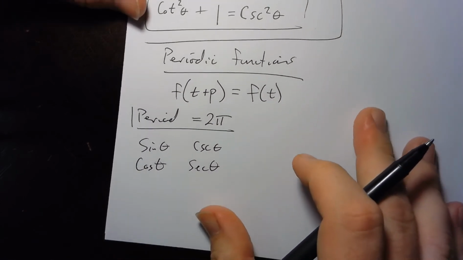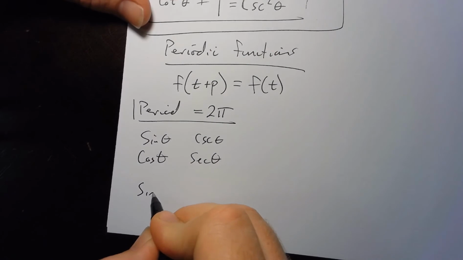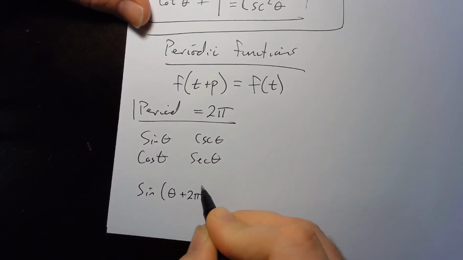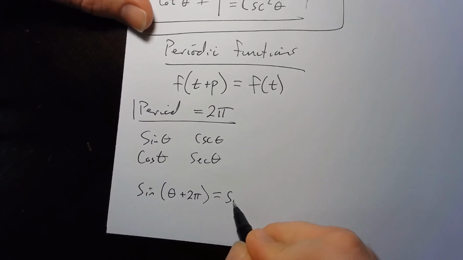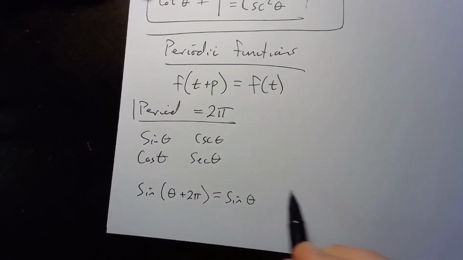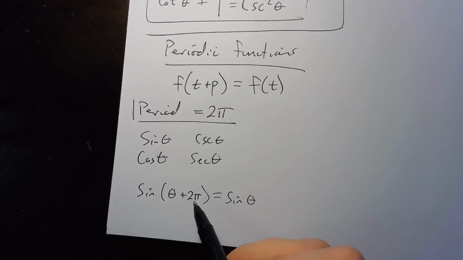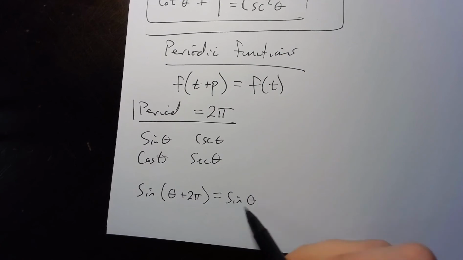What that means is, in the general form, that the sine of theta plus 2 pi will be equal back to the sine of just theta. So as I get past the value of 2 pi, this is for radian measure, or the value of 360, I'm going to just start repeating values that I've already seen in the original 360 degrees of the trigonometric functions.